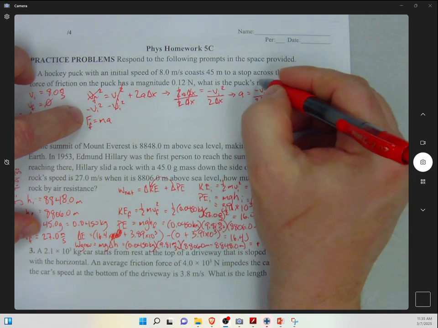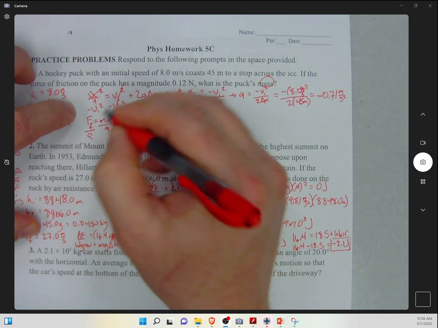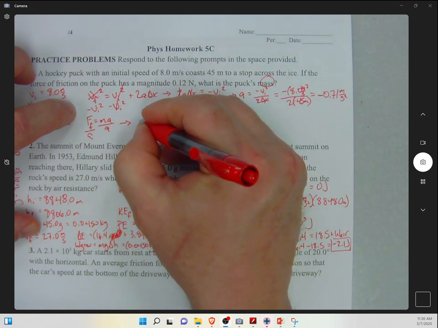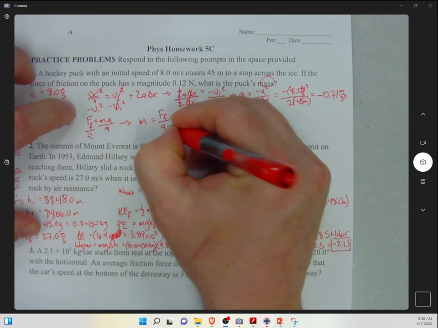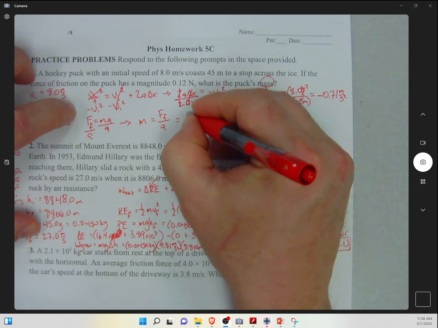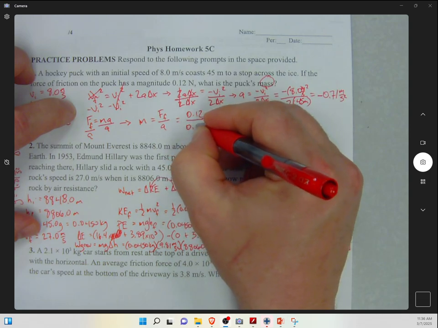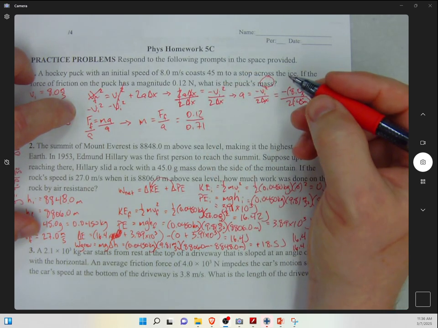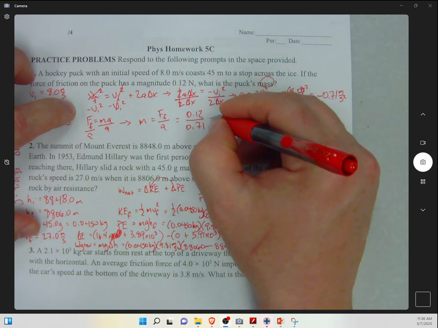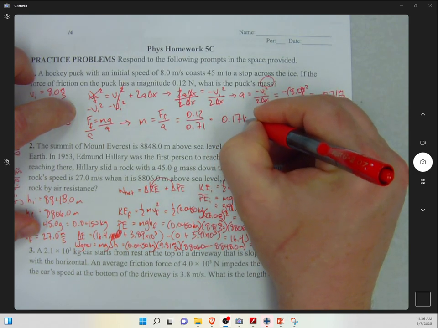So if I'm being asked to solve for the mass of the puck, I'm going to divide both sides by a. And so this is going to turn into mass is equal to the friction force divided by acceleration, which is 0.12 over 0.71, and my calculator tells me that is 0.17 kg.